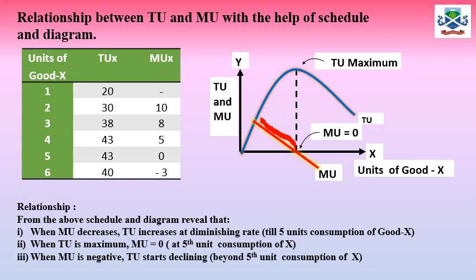The second one is when TU is maximum, MU is equal to 0, that is at the fifth unit. You have seen when it is maximum over here, MU is equal to 0. And the third one is when MU is negative, then TU starts declining, that is beyond the fifth unit of consumption of good X. So that's the relationship between TU and MU.